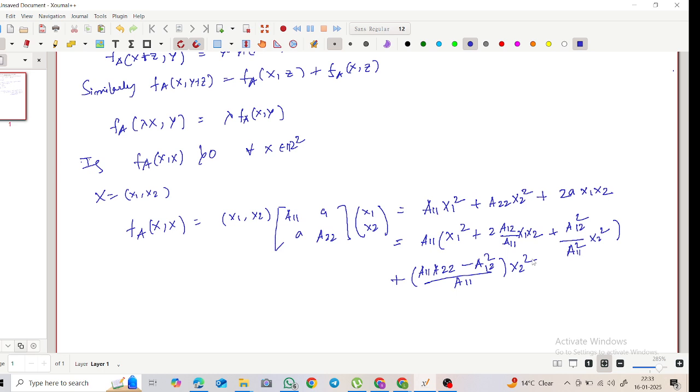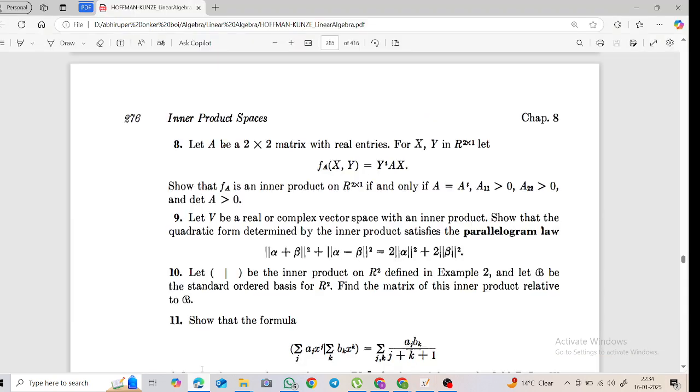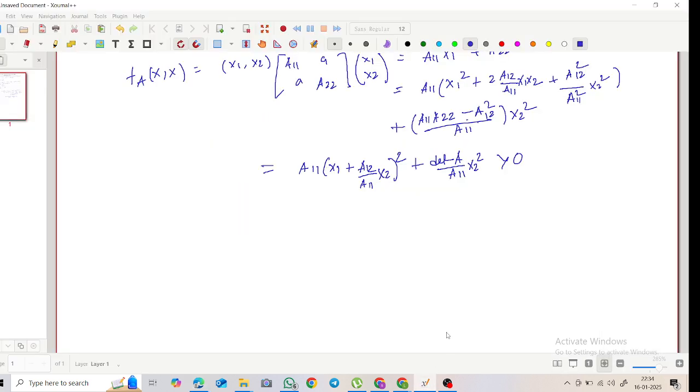This is the expression. As you can see, this thing is greater than 0. Each of these terms is greater than 0.